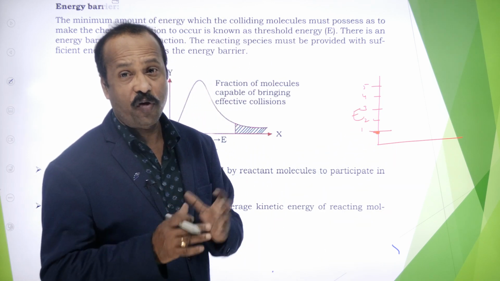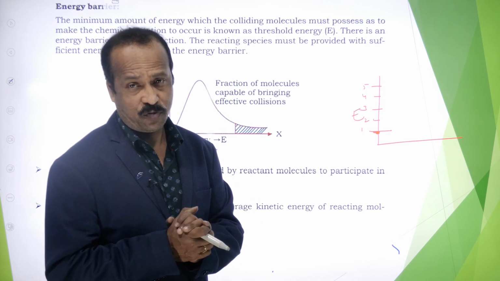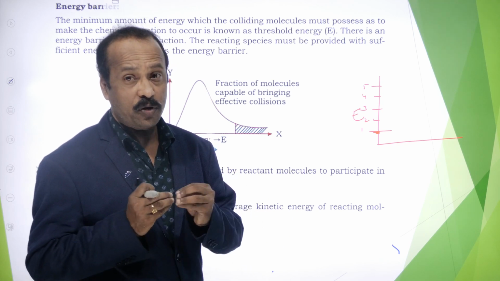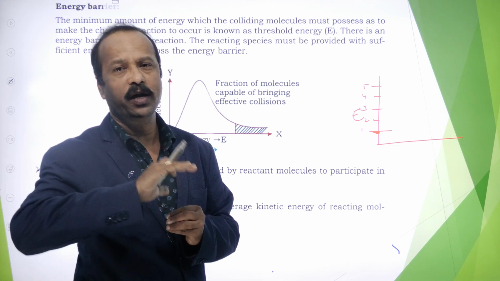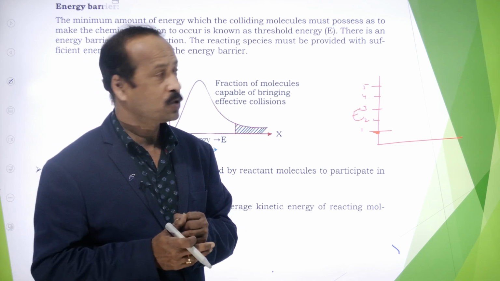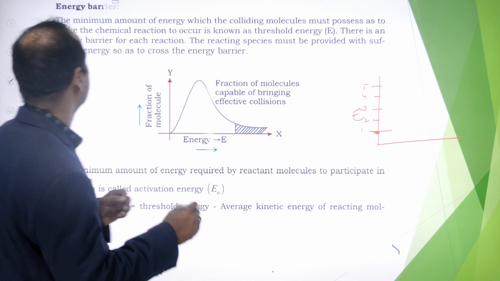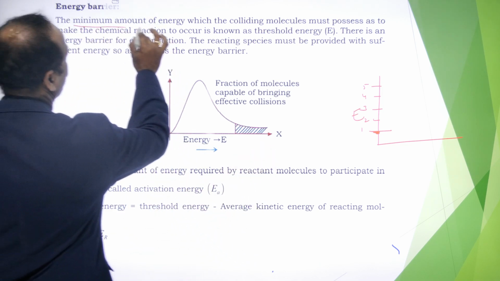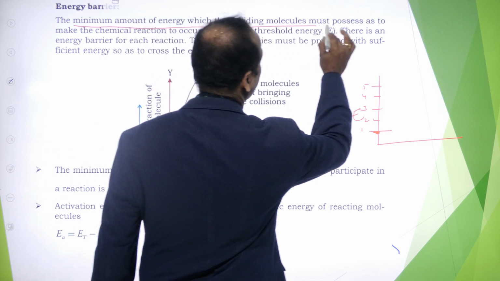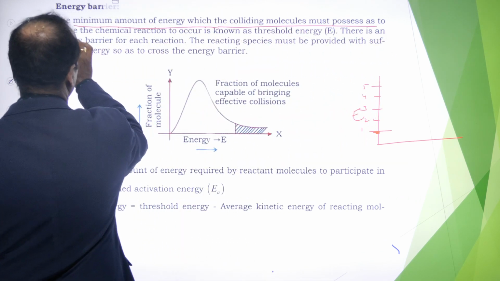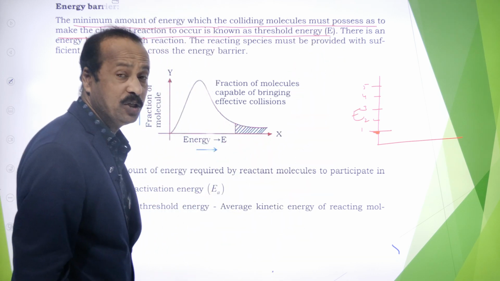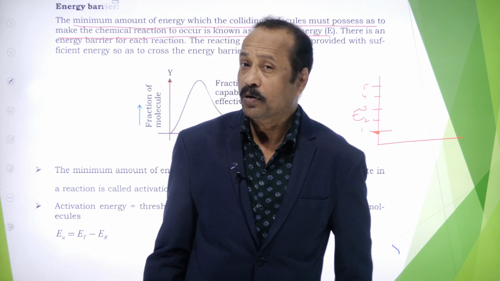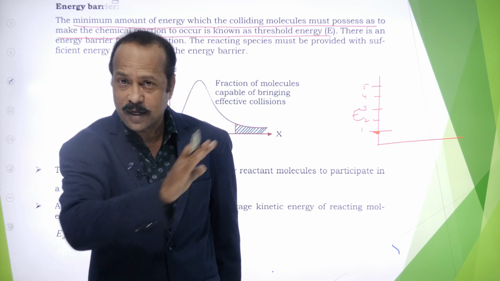To form a product, the molecule requires a certain amount of energy. The minimum energy required to form the product is called the threshold energy. The minimum amount of energy which the colliding molecules must possess to make the chemical reaction occur is known as threshold energy. Every molecule should have a certain amount of energy.